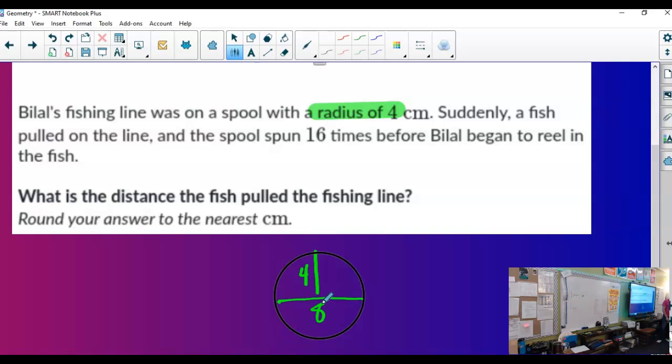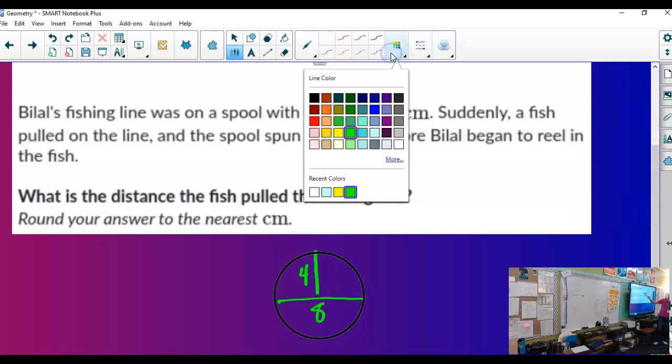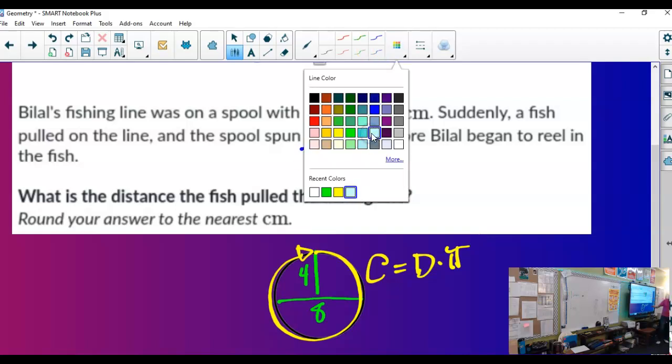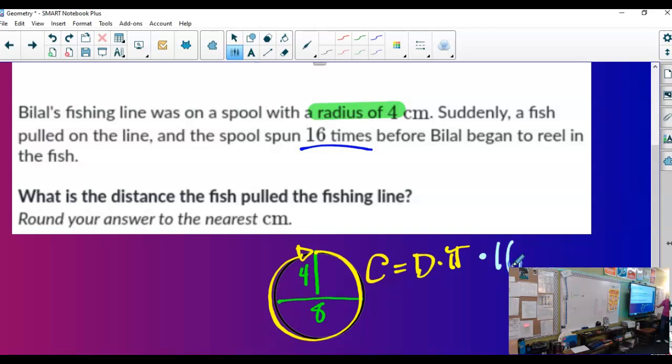So, if we're talking about how many times it spun, we need to first figure out what happens on one spin, which would be our what? Circumference. So you need to figure out circumference, which is diameter times pi, and then do that 16 times. Does that make sense?